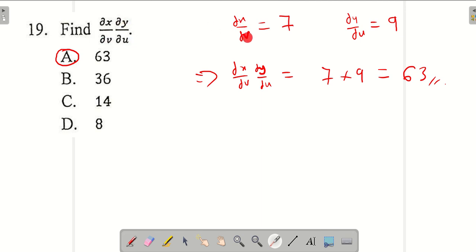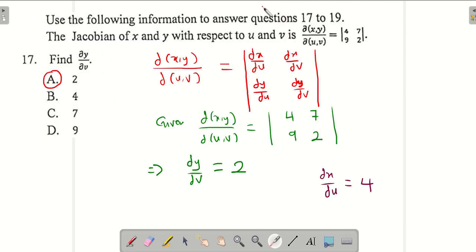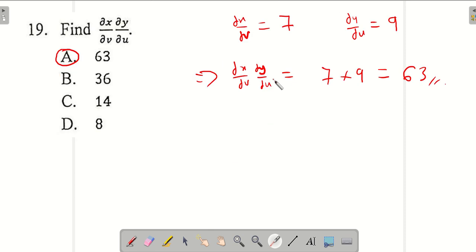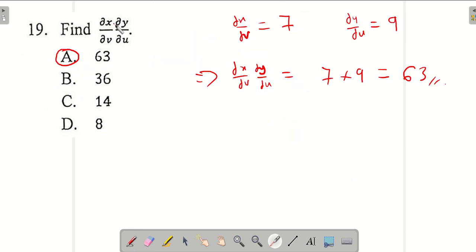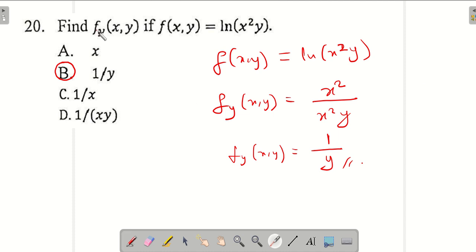Now we know that dx/dv is 7, and dy/du is 9. Then the question says we should find the product of the two. So we multiply this by this. Then we get 63.